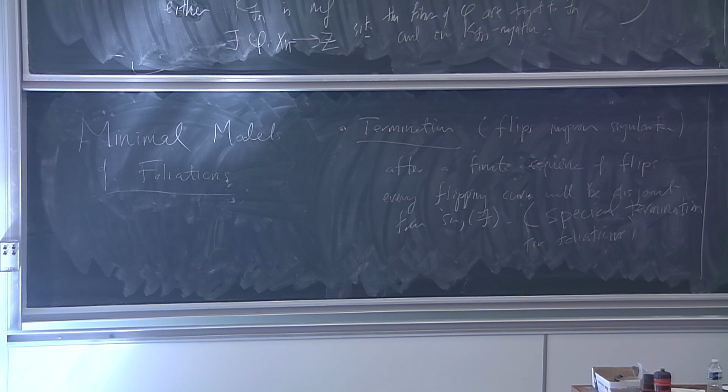To repeat, the two main ingredients are basically to reduce things as much as possible to the K_X situation. So for flips, we reduce via some approximation argument to constructing log flips. And termination follows from a combination of a foliated version of special termination together with the fact that threefold flips terminate.